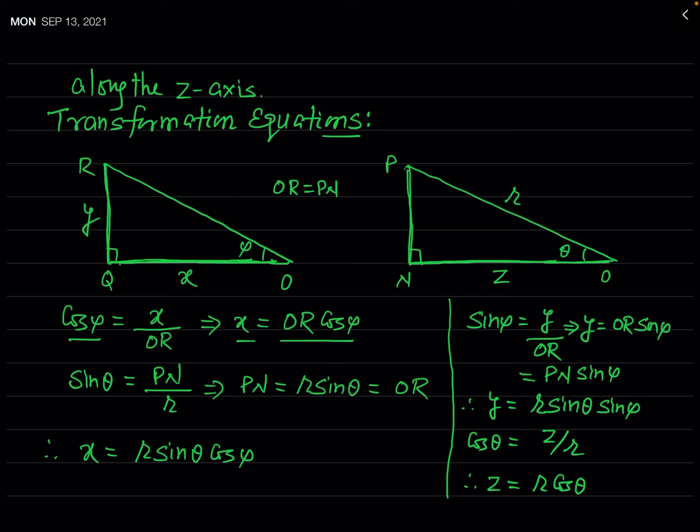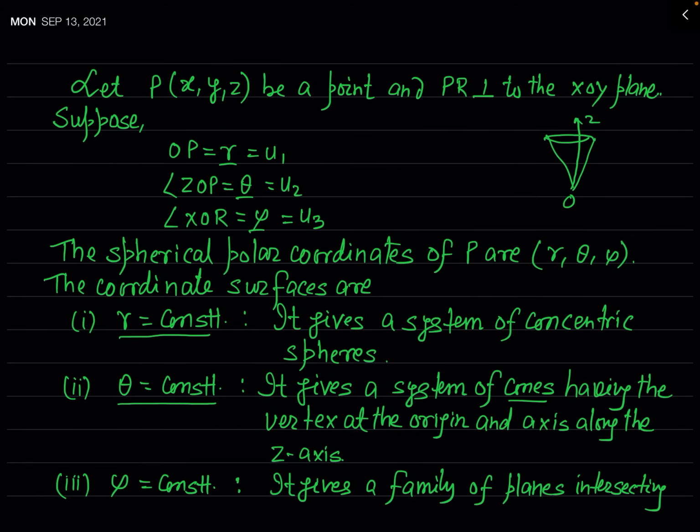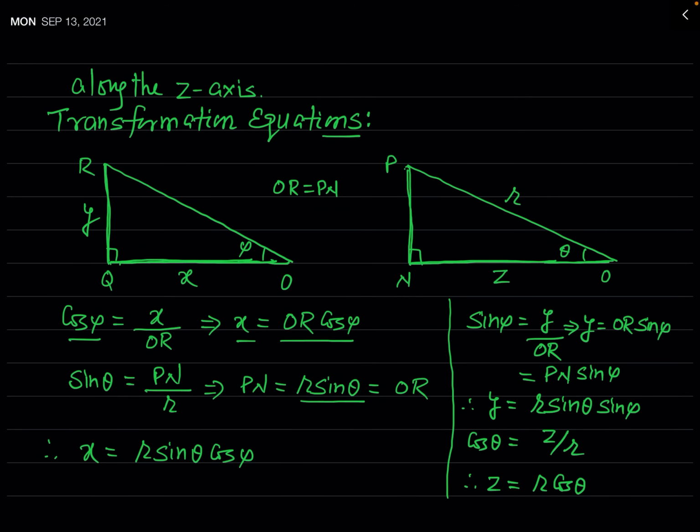So Pn will be equal to r sin theta. But as you can see in the first figure, this Pn is equal to OR. So Pn, which is equal to r sin theta, is also equal to OR. So let us substitute this value of OR here. When we substitute the value of OR, which is r sin theta, we get x equal to r sin theta cos phi.